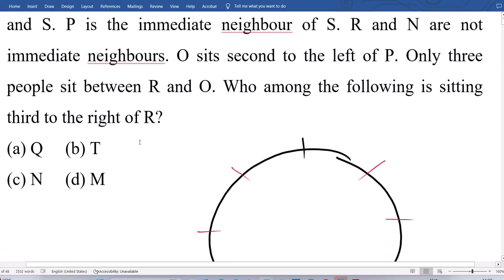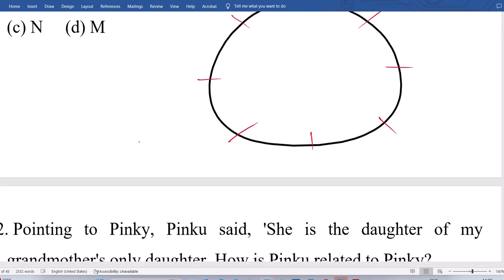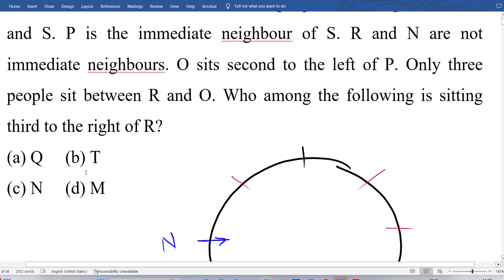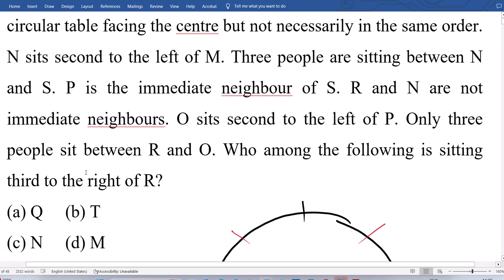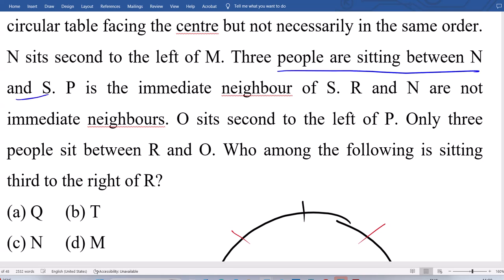N sits second to the left of M. So wherever M is, N is second left. Next, with respect to N and M, there is one more statement: 3 people are sitting between N and S. The problem is, is it clockwise or anti-clockwise?